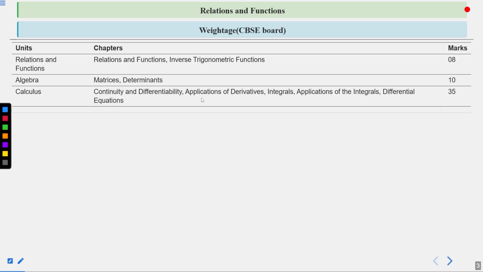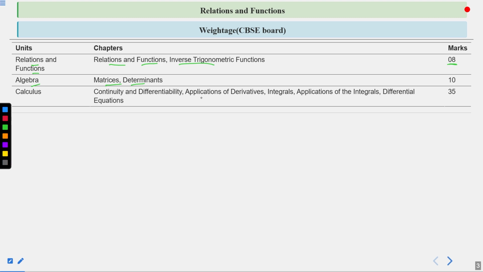So, first of all, let's have some basic idea about how these units and chapters are divided according to marks in board exams. Relations and functions, ITF, consist of 8 marks.